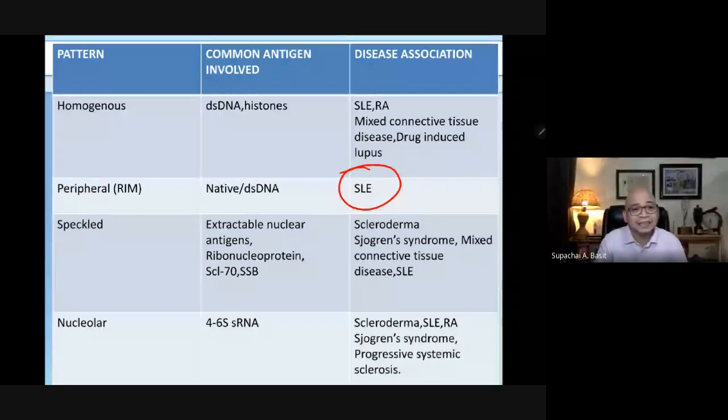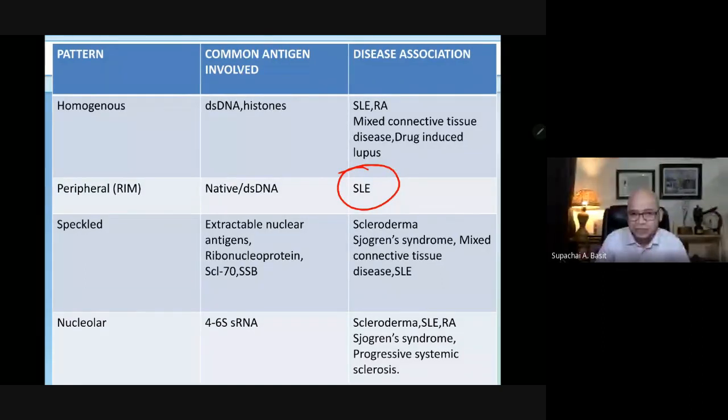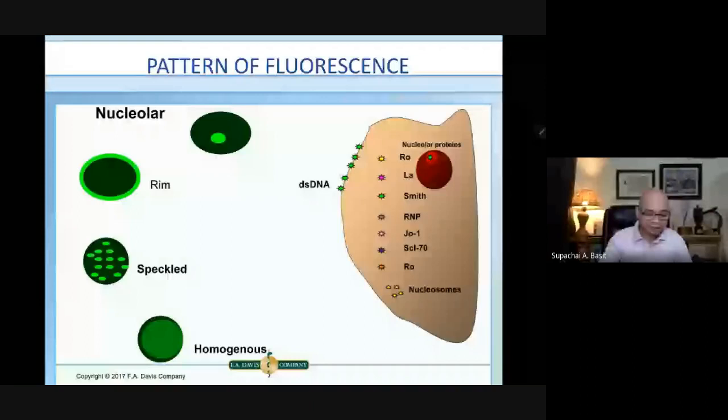Speckled. What's the difference between speckled and nucleolar? Speckled are actually smaller dots as compared to nucleolar. So speckled means that you're able to see extractable nuclear antigen, nuclear protein, SCL70 and SSB.